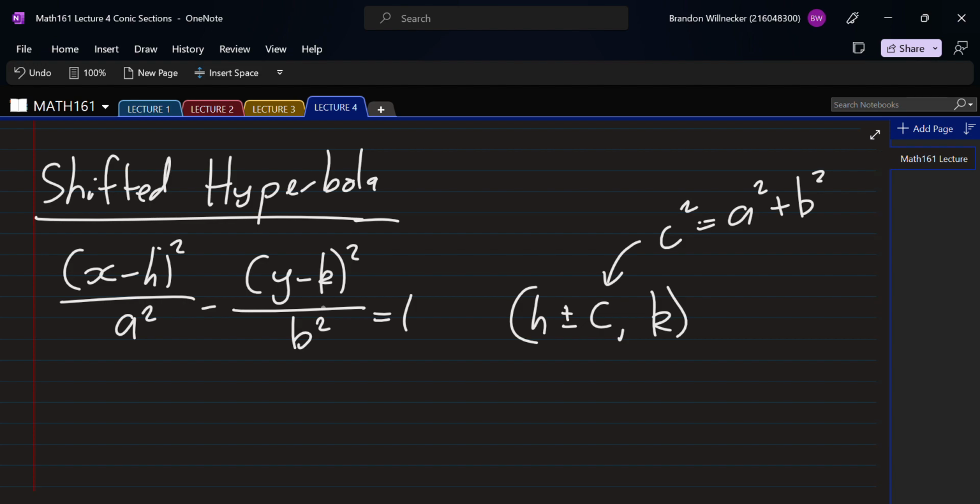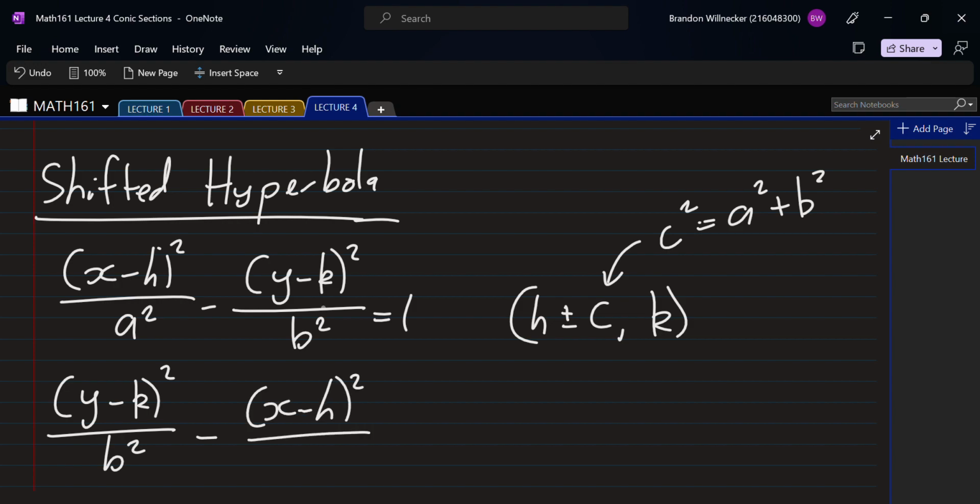If we have the other type of hyperbola, y minus k squared over b squared minus x minus h squared over a squared equals 1, here we need to swap around the shifting.